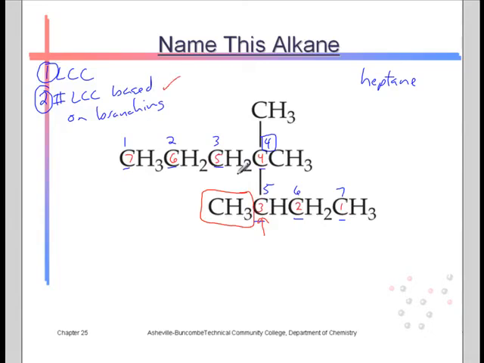Remember, you number from the end that's closest to a substituent group. And so now once I know that, then I know how to establish the numerical values for laying out my substituent groups. I have 2 methyl groups, so one's at the number 3 position, one's at the number 4. 3,4 dimethyl. Remember to throw in your Greek prefixes there. And then the parent name is simply heptane.